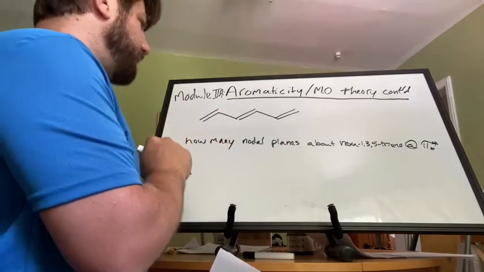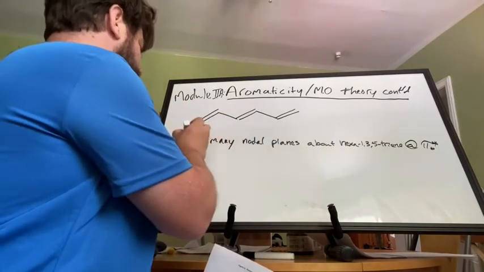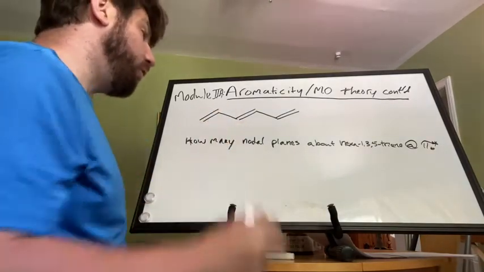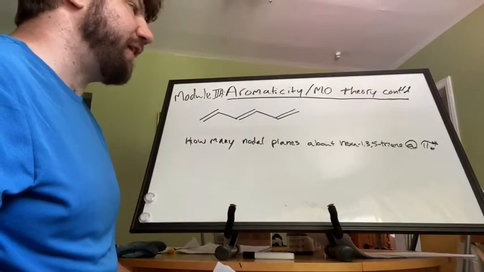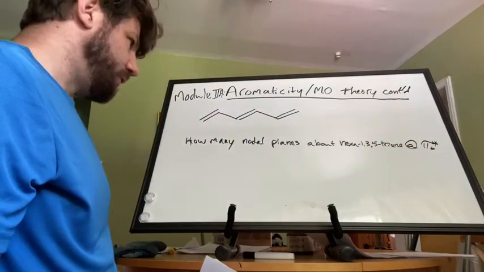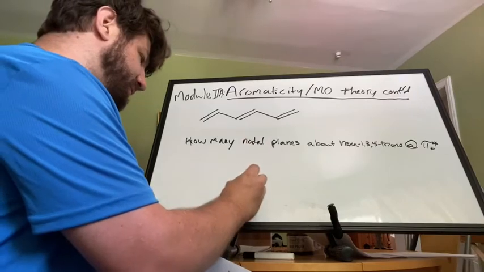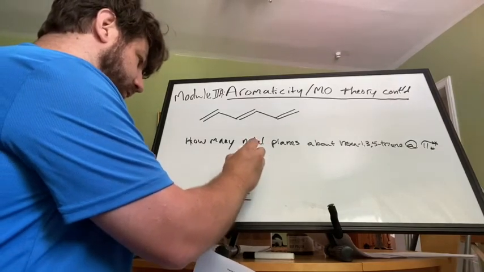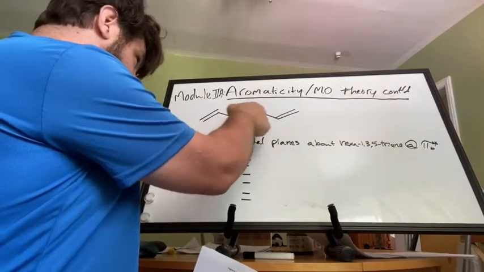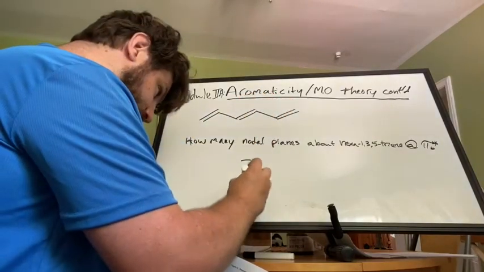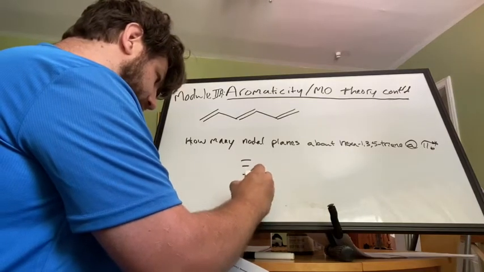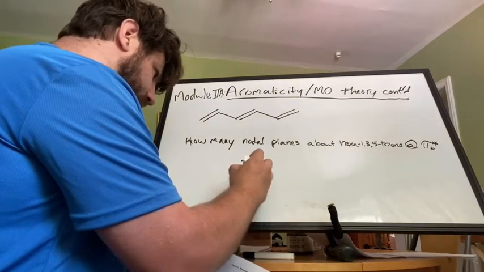Okay, next conceptual question here is how many nodal planes about hexa-1,3,5-triene at pi star 6? Okay, so remember that's going to be 6 energy levels, right, in which you're going to have a total of 1, 2, 3, 4, 5, 6 electrons, right? So that should be like so.